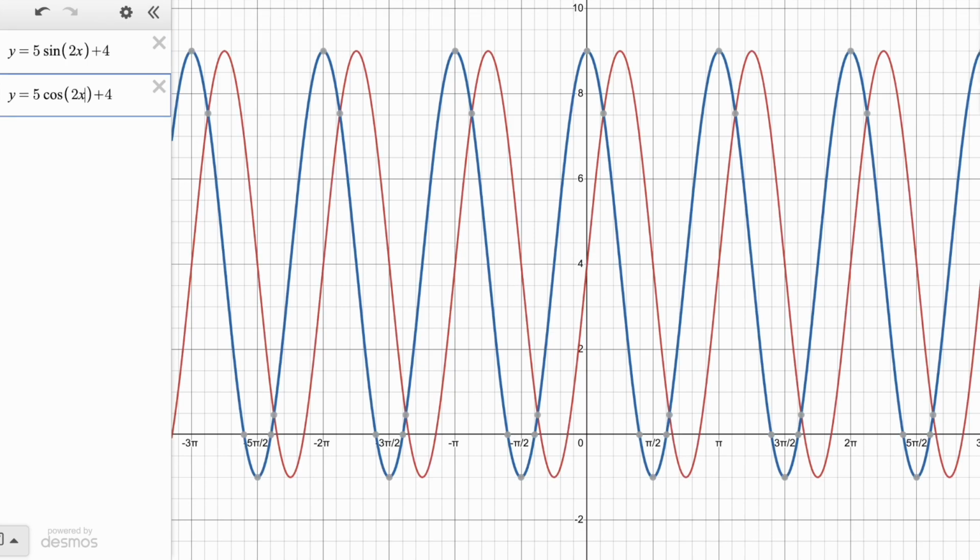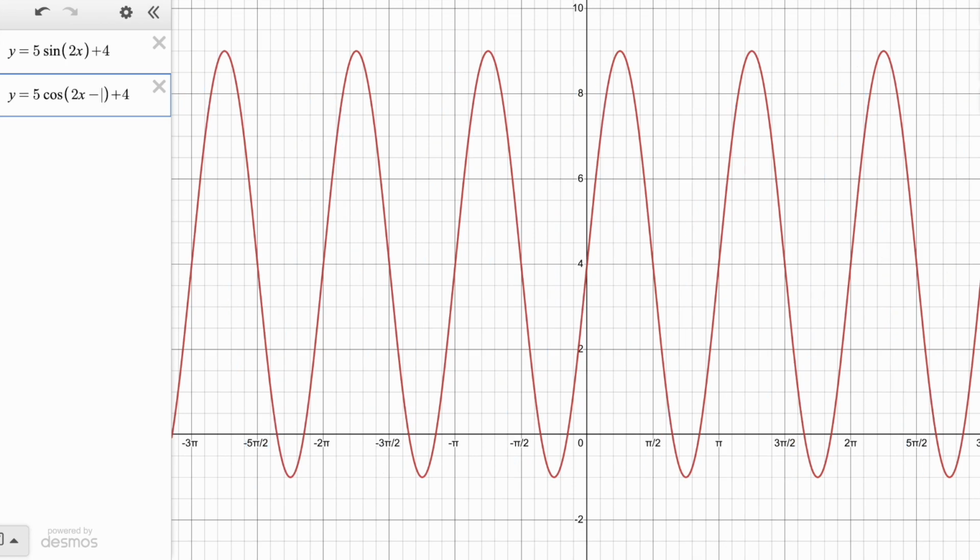So we know that negative c on b equals pi on 4, and hence, because we know that b equals 2, negative c equals pi on 2, which means c equals negative pi on 2. As you can see, they're the same graph now. So that is a possible answer.